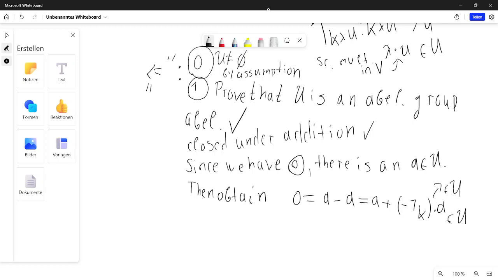Here you see that I kind of claim that in a vector space it really holds generally that minus 1 in K multiplied by a is minus a. It is not obvious. By the numbers, it would be obvious.